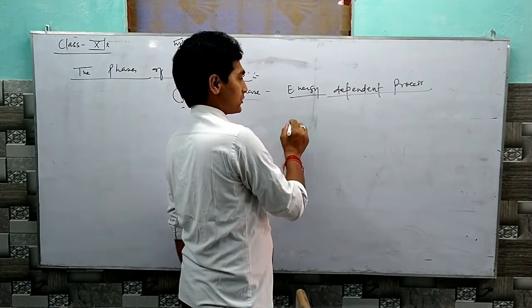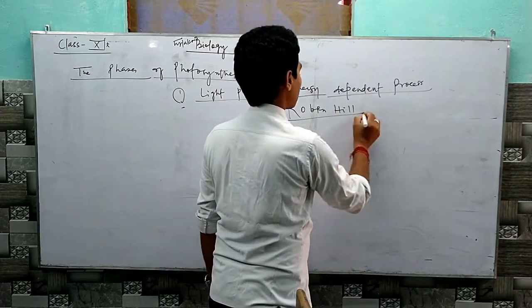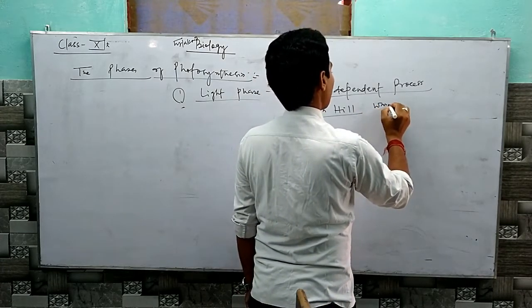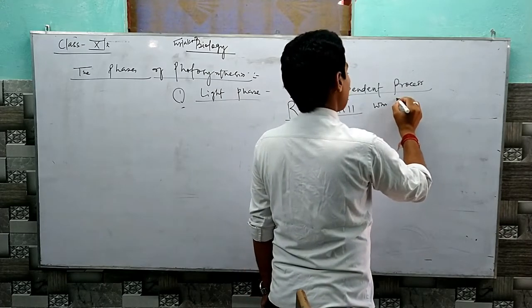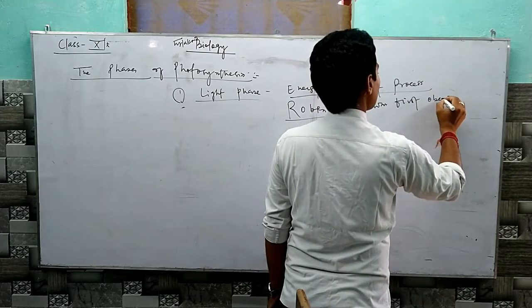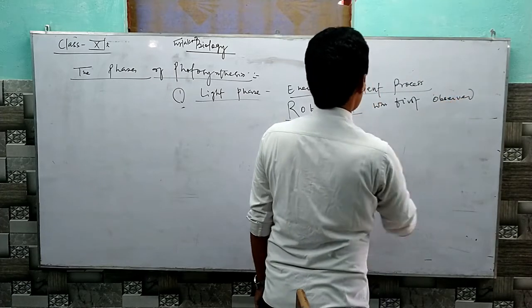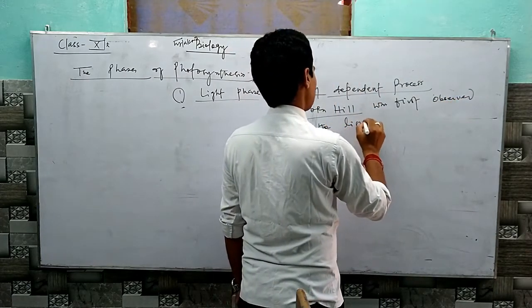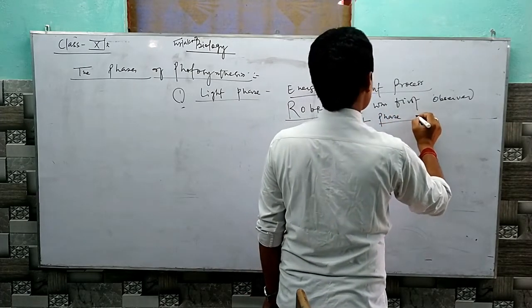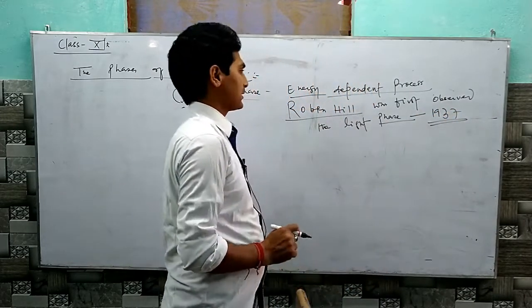Hill reaction because Robin Hill first observed the light phase of photosynthesis in 1937.